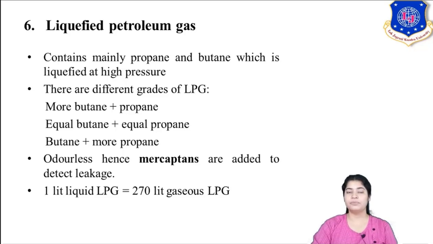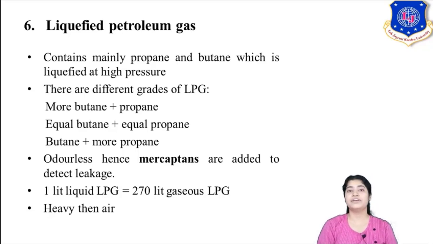Hence, this makes it a very dangerous gas, because if mercaptans were not there, you wouldn't be able to detect the leakage. And if an ignition source is there, it can cause very heavy damage.